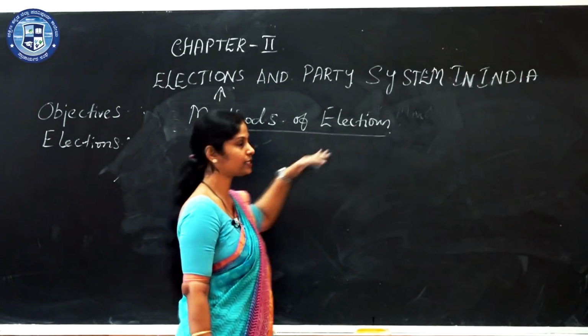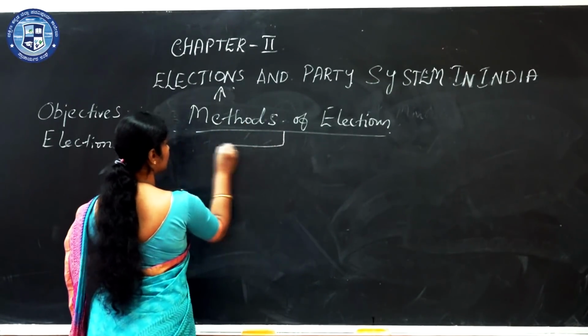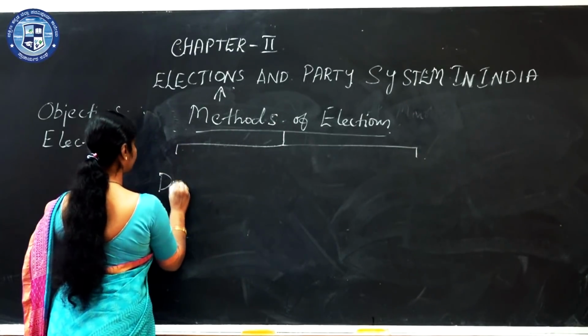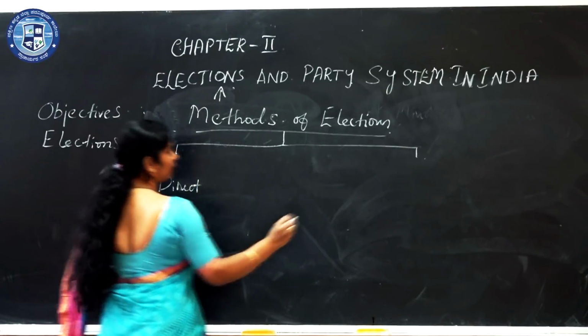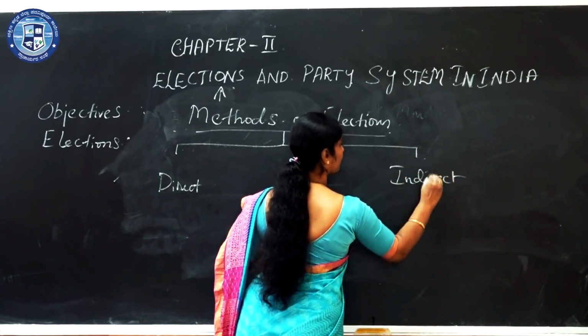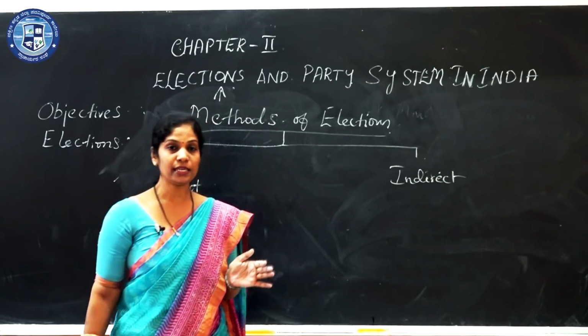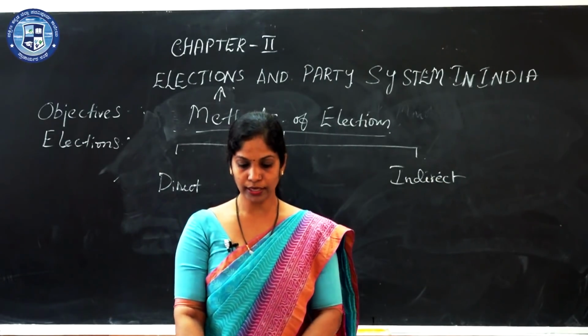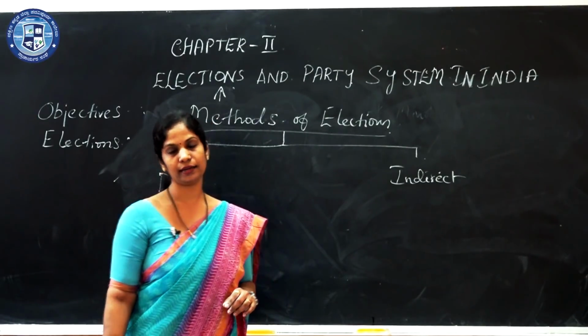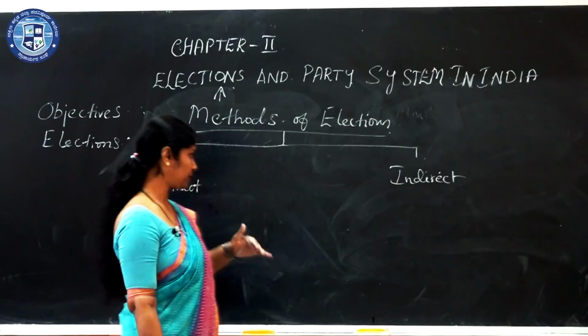Which are these two methods? One is direct election, and another one is indirect election. By the name itself, you can understand the meaning of direct and indirect election.